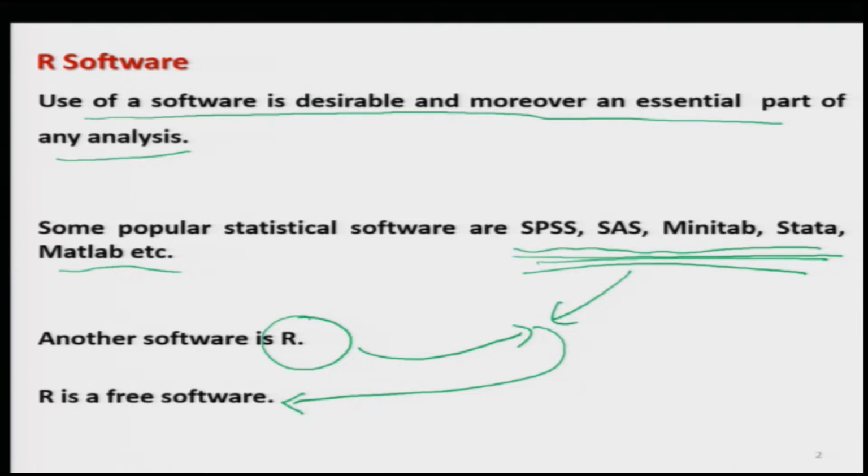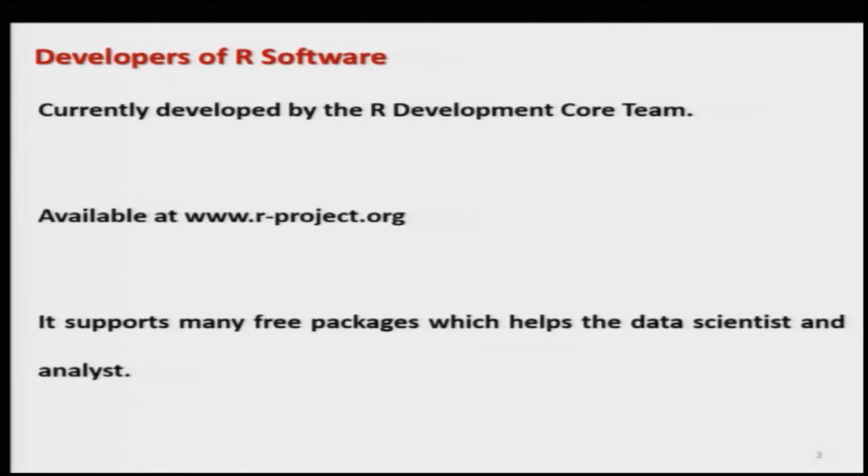Remember one thing: I am not criticizing any of the software. I am not saying what is good or what is bad, but I am simply choosing the software R for my analysis. And one of the biggest advantages in my opinion is that this is free software. You don't have to pay for it.